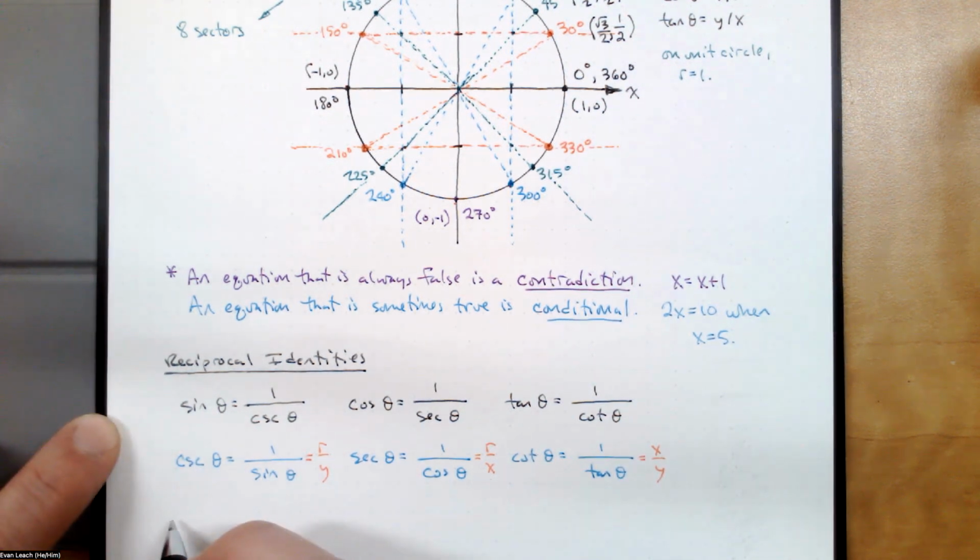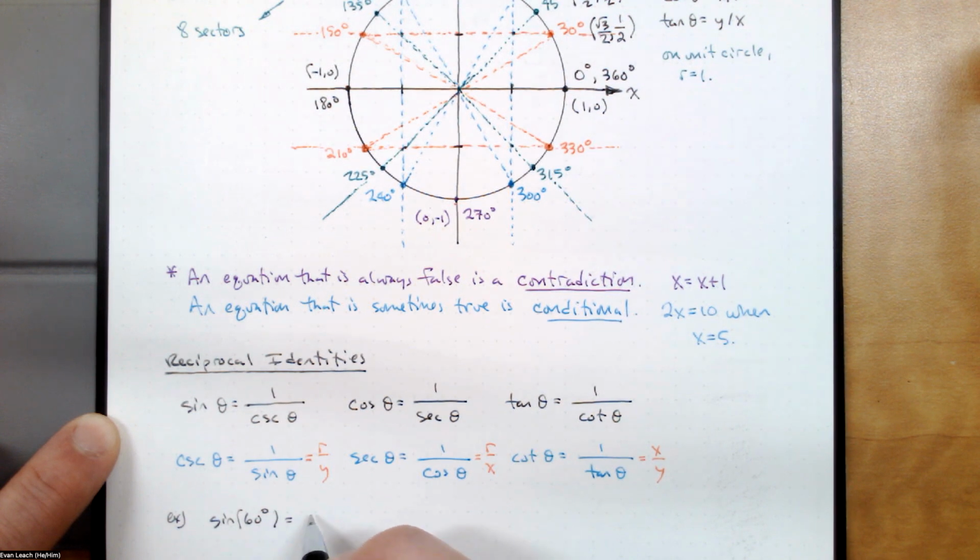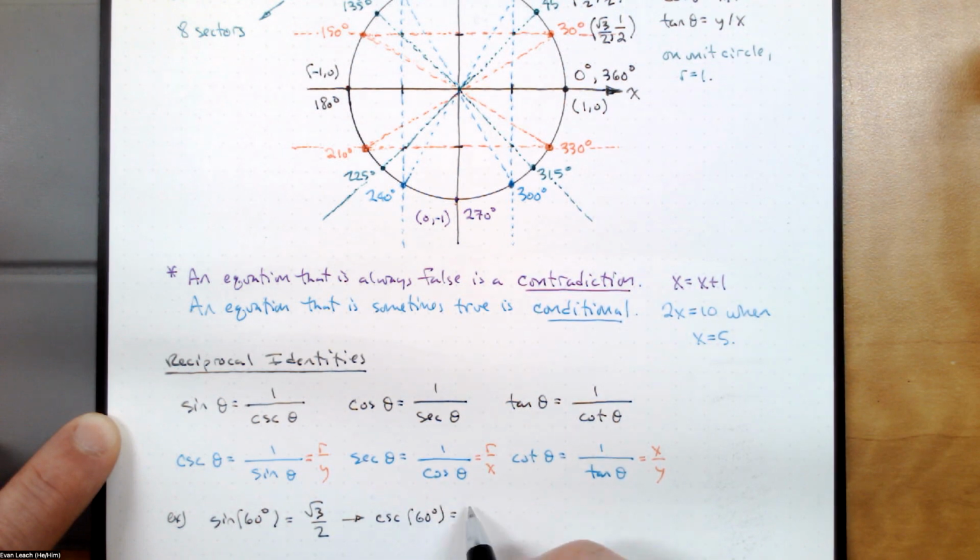So for example, we know that the sine of 60 degrees is square root of 3 over 2. So cosecant of 60 degrees is 2 over square root of 3, the reciprocal.